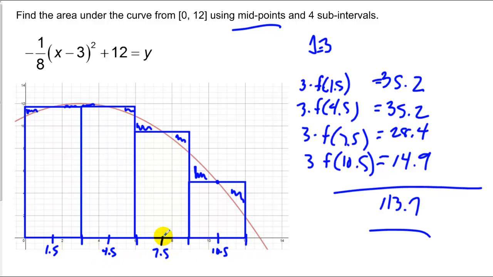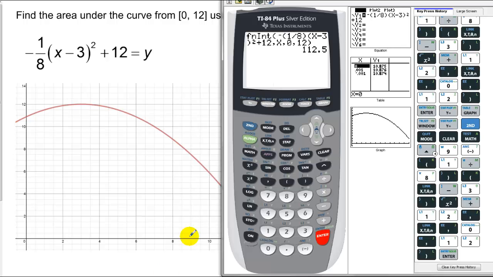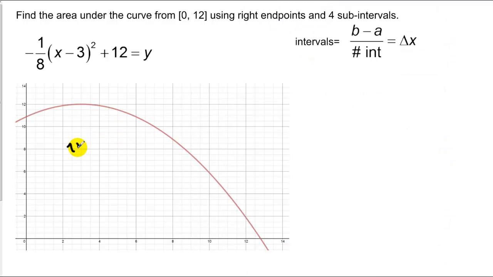If I made my delta 0.0001 like we were talking about, we're picking up basically, like I said, about 7/10. So our area is equal to 112.5. And that's how you use that calculator to find the area.